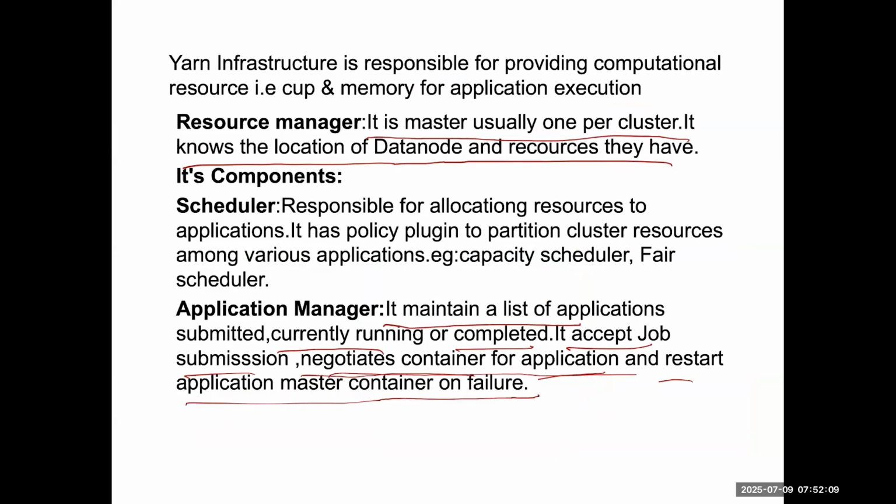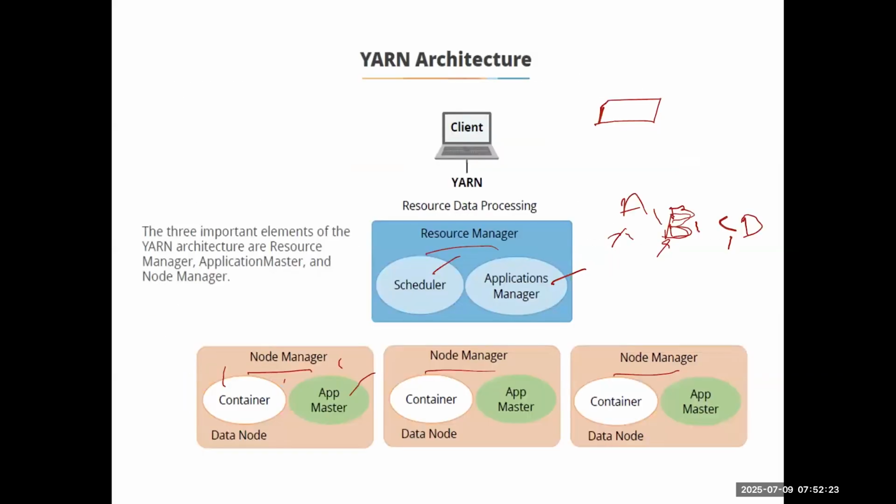So it keeps a check on the submitted jobs in the queue and the jobs which are running. If something fails, all of that is taken care of. One more thing: let's suppose your job A needs more resources than job B. Those things are also taken care of by the application manager, assigning more resources to A than B.